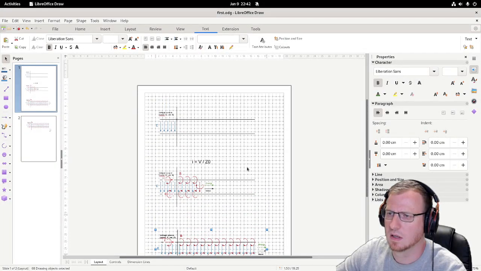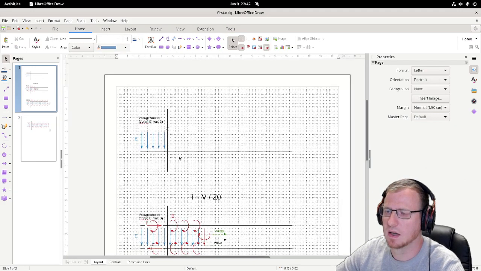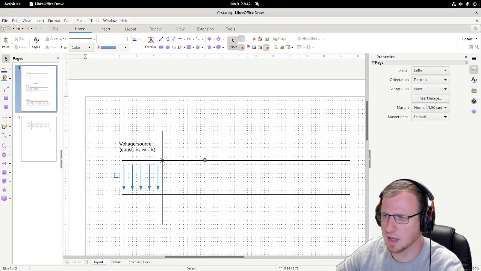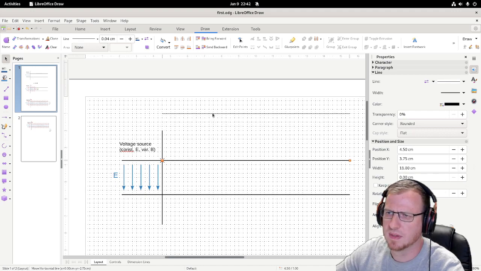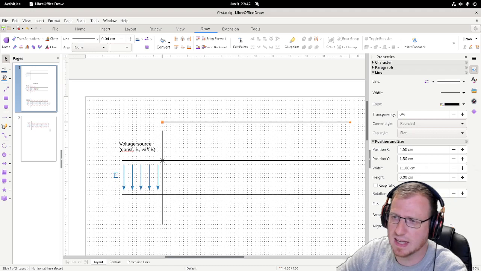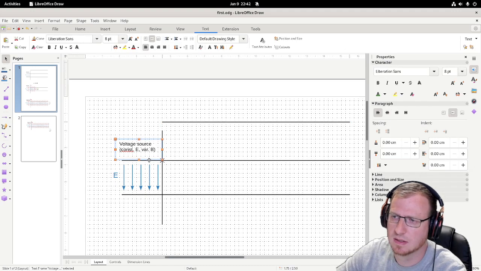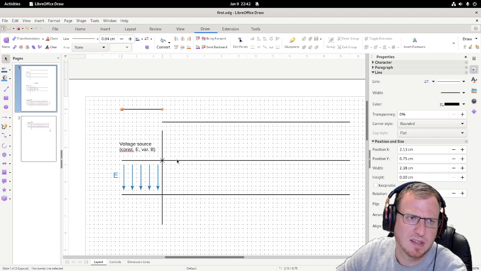Now it's fine. So I want to add something else. On the top side, I want to add a representation of the voltage.